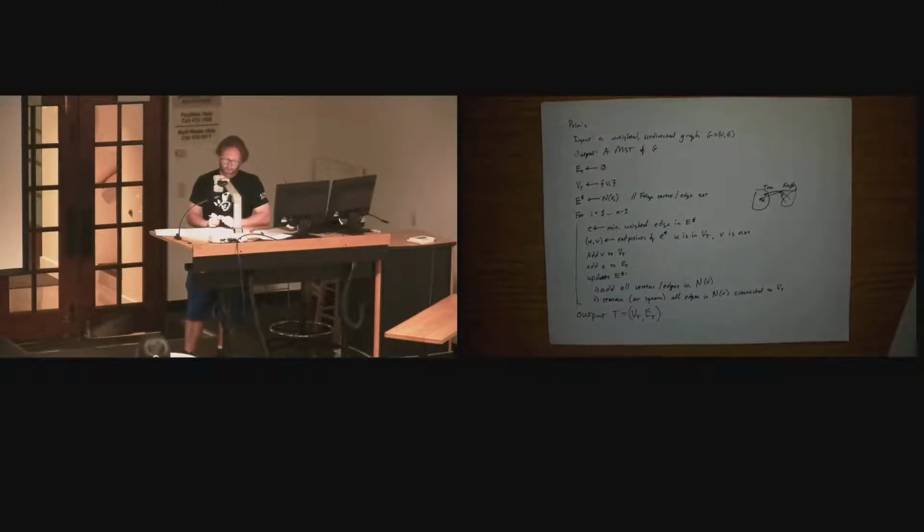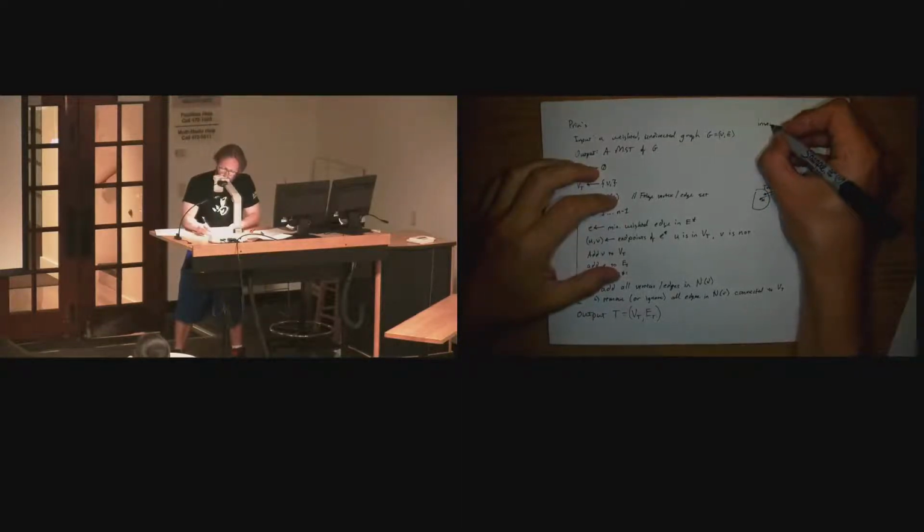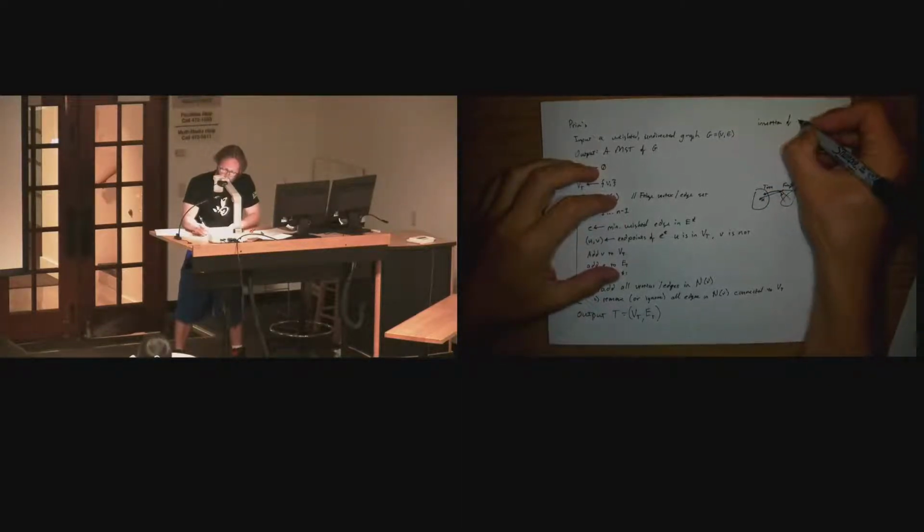Okay? So if I do use the min heap, and I'm putting all of the edges in, the insertion of an edge into a min heap is going to be what?